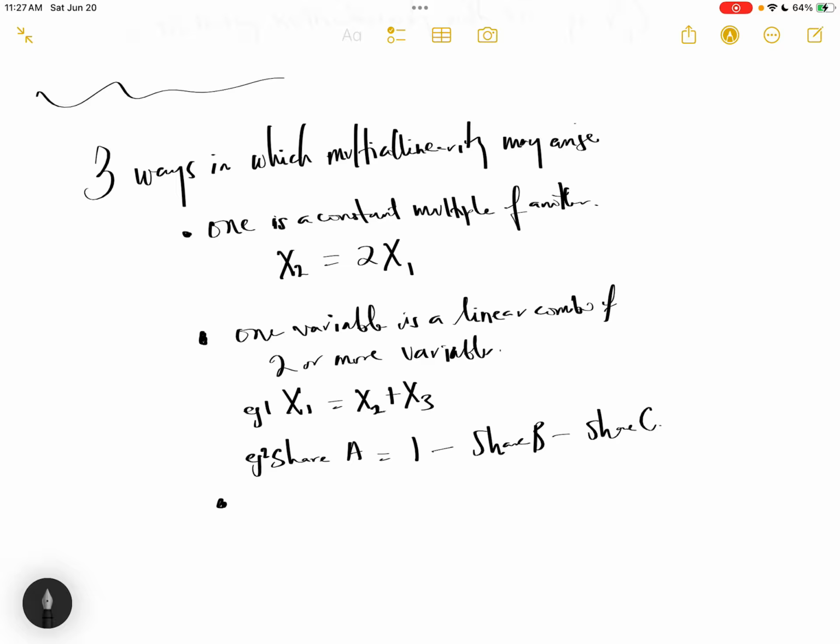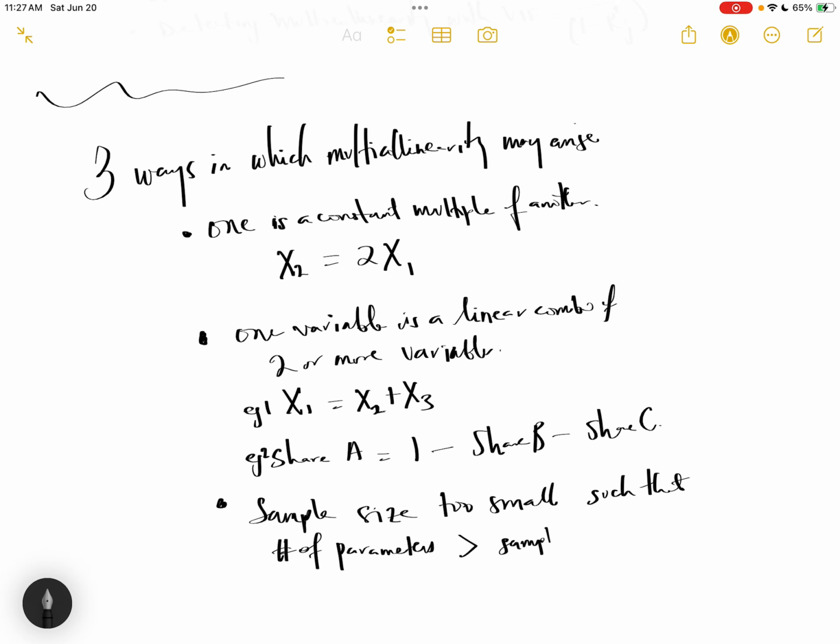The third way in which multicollinearity may arise is if the sample size was too small, such that the number of parameters that we were trying to estimate was greater than the sample size.